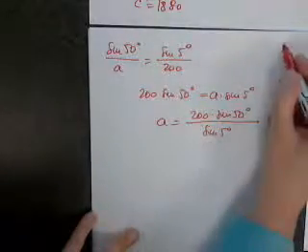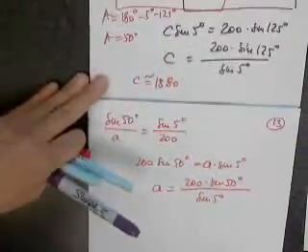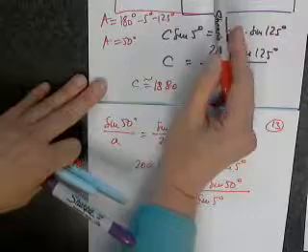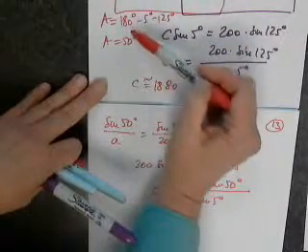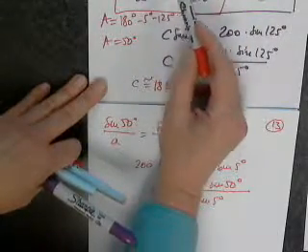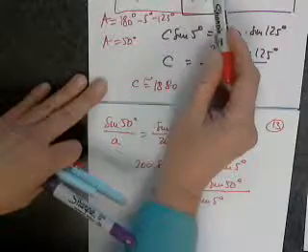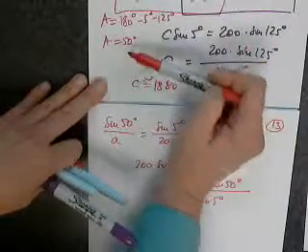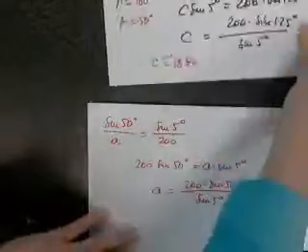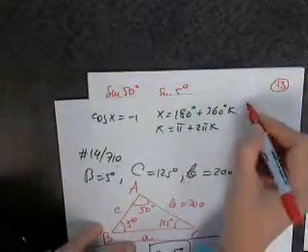Where did you get 50? The sum of angles in any triangle is 180. So from 180 I subtract angle B, which is 5 degrees, and I subtract angle 125, which is C, and I got 50. So we could have done that. Yes.